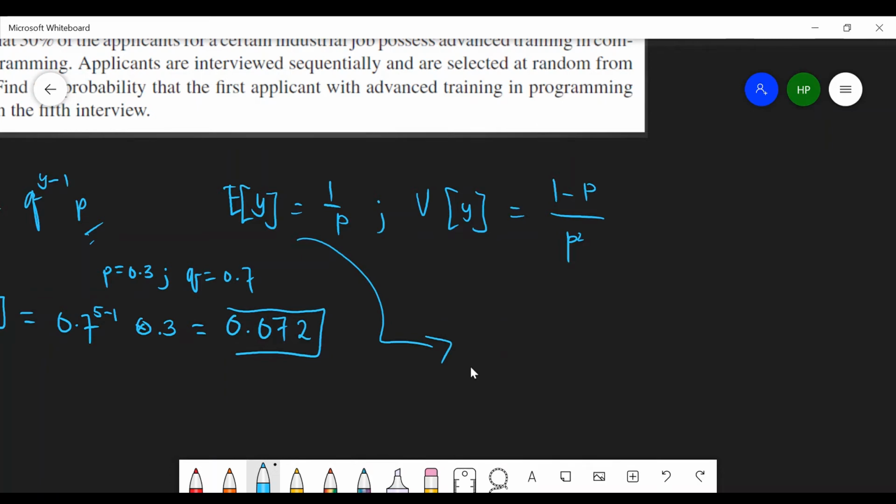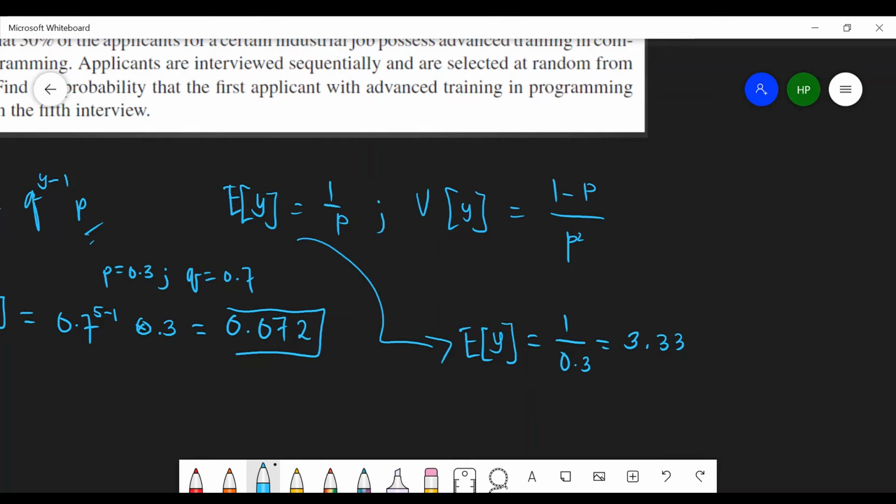1 over p. So, E of Y equals what? E of Y equals 1 over, what is p? 0.3. Equals what? 1 divided by 0.3 is 3.33. Okay?